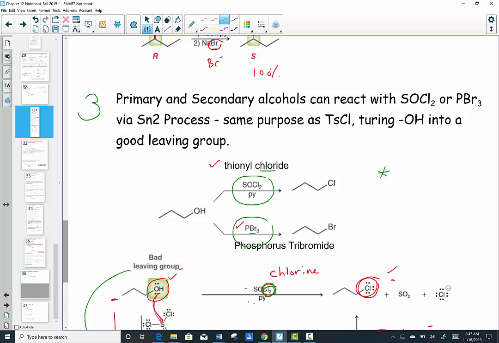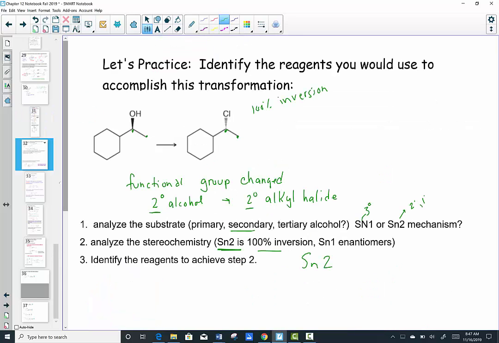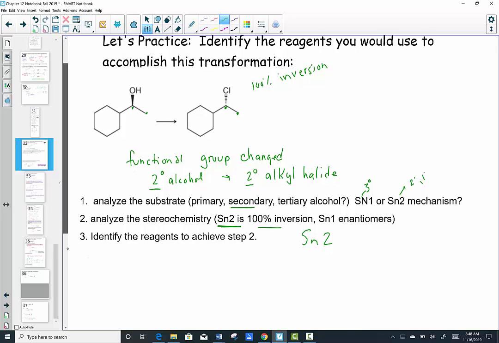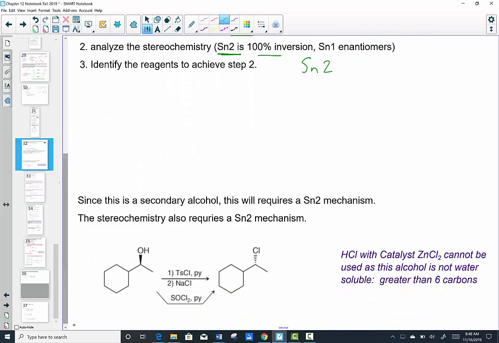So again, as usual, many syntheses actually have multiple correct answers. And it's just becoming more and more familiar with your toolbox. Since this is a secondary alcohol, we know it will require an SN2 mechanism. And the stereochemistry we learned also requires an SN2 mechanism because there's 100% inversion of the chiral center.